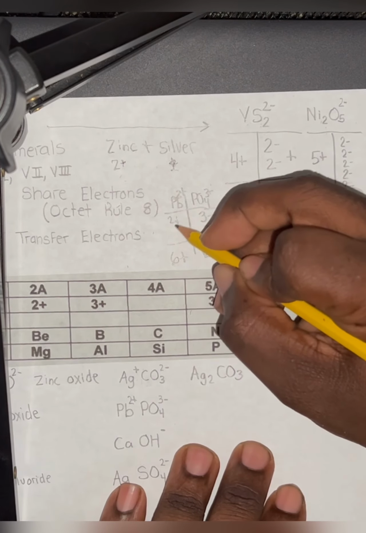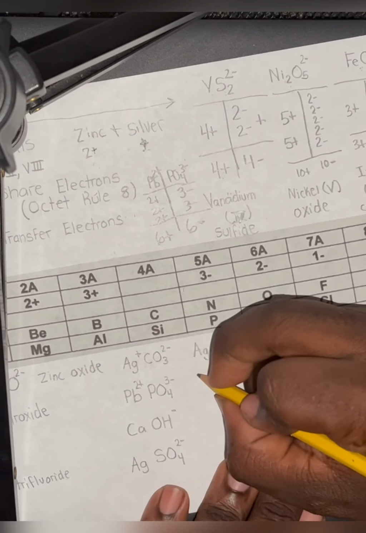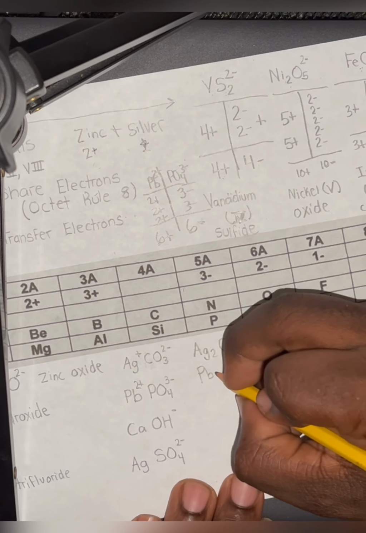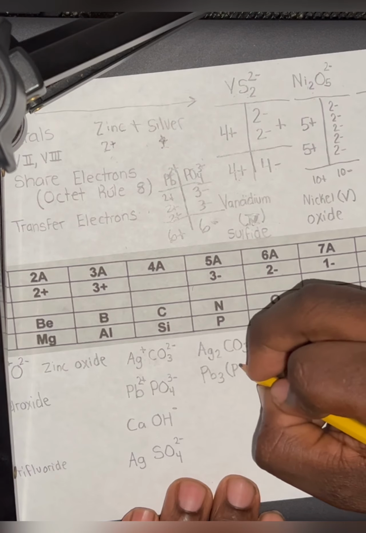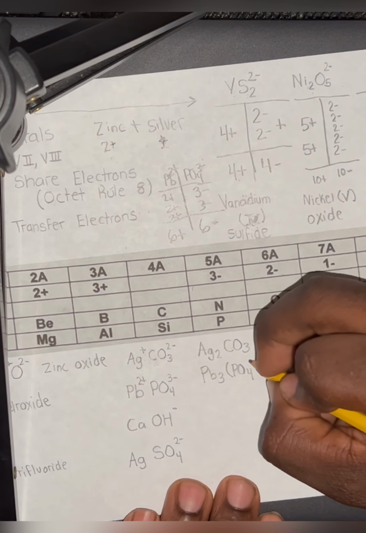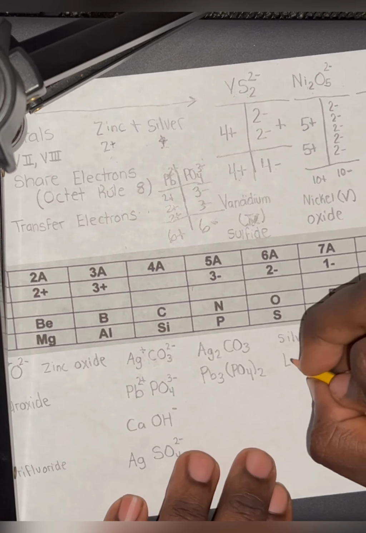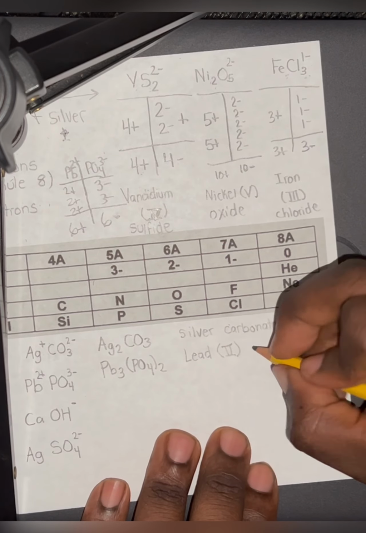Well, 2 plus, 2 plus, and 2 plus. So when I write out the chemical formula, it would be Pb3(PO4)2, because I needed 3 of them and PO4 in parentheses because I need 2 of them. And the name would be lead(II) phosphate.